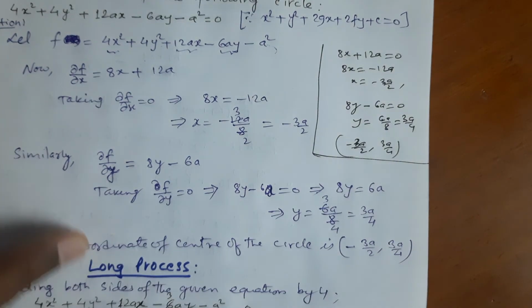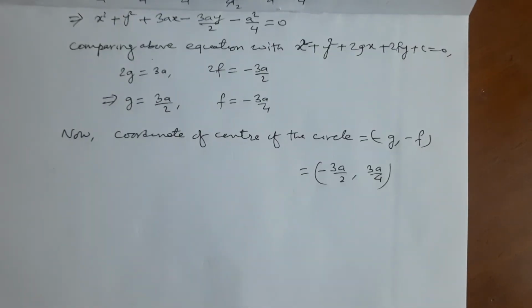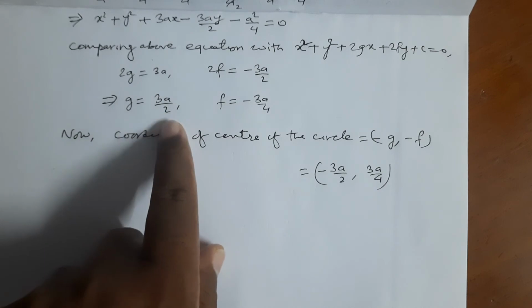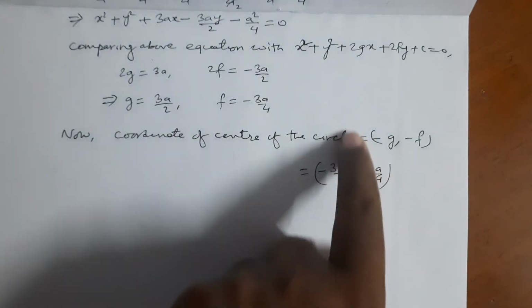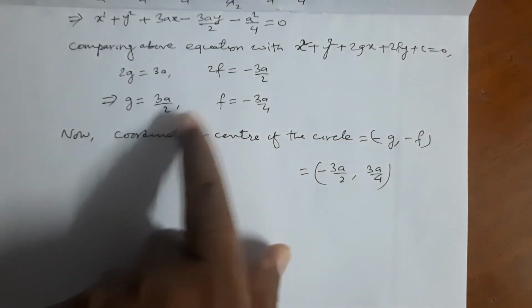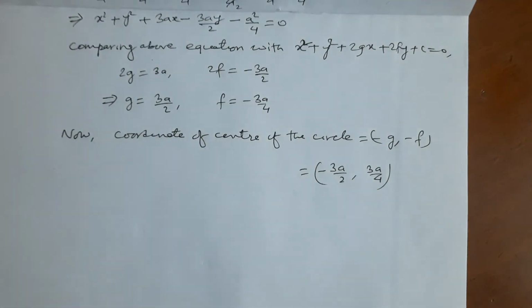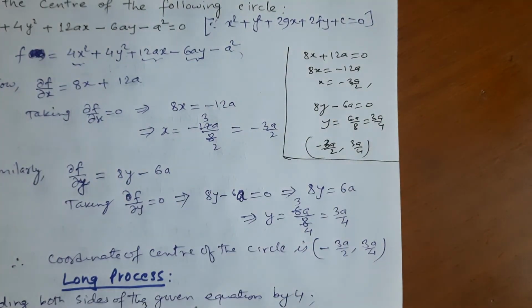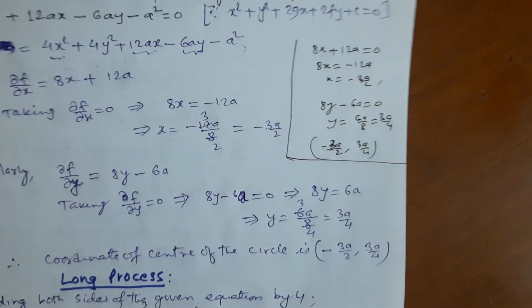Generally what happens is that students find the center of the circle as 3a over 2 comma minus 3a over 4. They forget to write minus g, minus f, and that gives you the wrong result. But if we do it by this process, then no need to remember that minus g, minus f. Directly we can find the center of the circle.